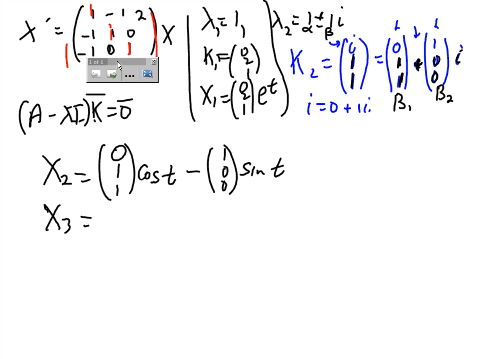And x3 would be b2, 1, 0, 0, times cosine of t plus b1, 0, 1, 1, times the sine of t.